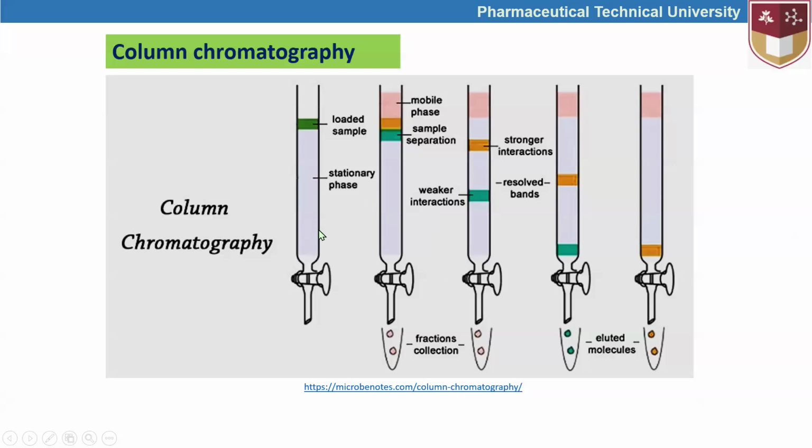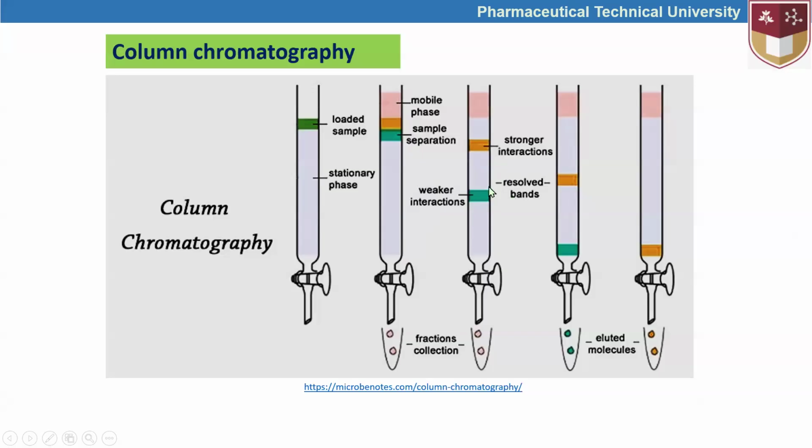Here, this is the stationary phase, loaded phase, yeah, and the mobile phase flows down and causes the separation of compounds based on their interaction with the matrix, with the sorbents. The higher the interaction between the compound and the matrix, the slower the elution.